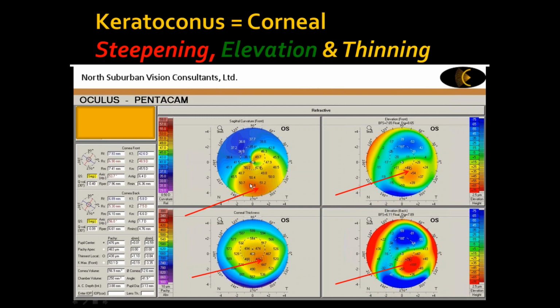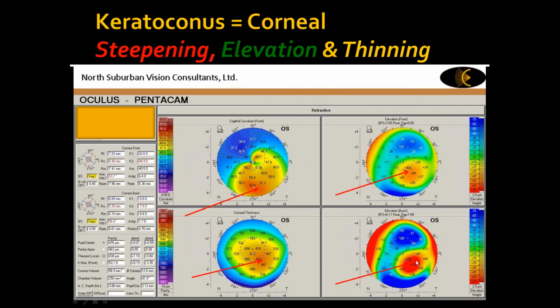So you do see the steepening, that inferior steepening, the non-orthogonal, skewed axis that Bill referred to, but you do see the elevation anomaly here. We're not going into all the details of what is normal and abnormal in terms of these absolute numbers, but suffice to say these numbers are way out of normal.